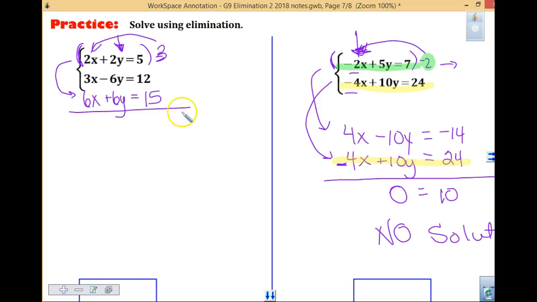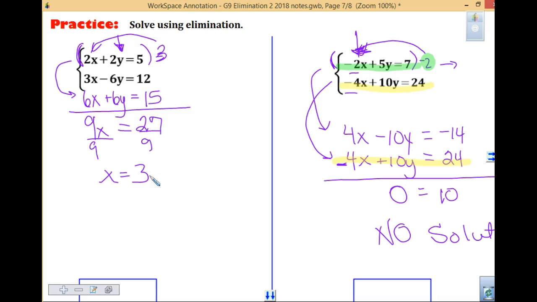I'm going to begin adding, Sophia, as I'm adding them together. 9x, plus 0, so we're not going to write it, equals 27. Nice numbers, right? No fractions or decimals so far. x equals 3.